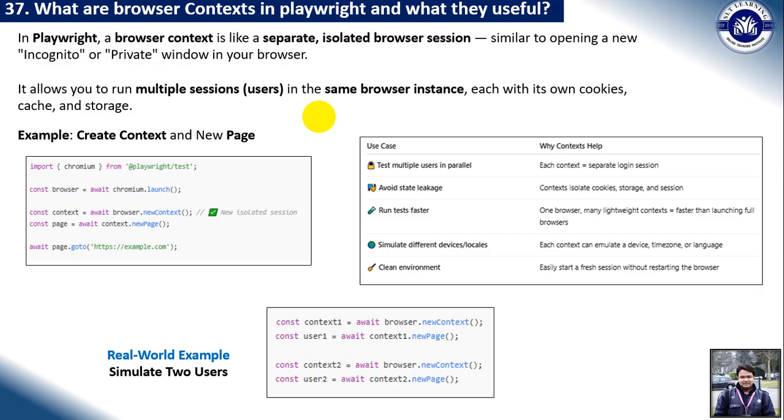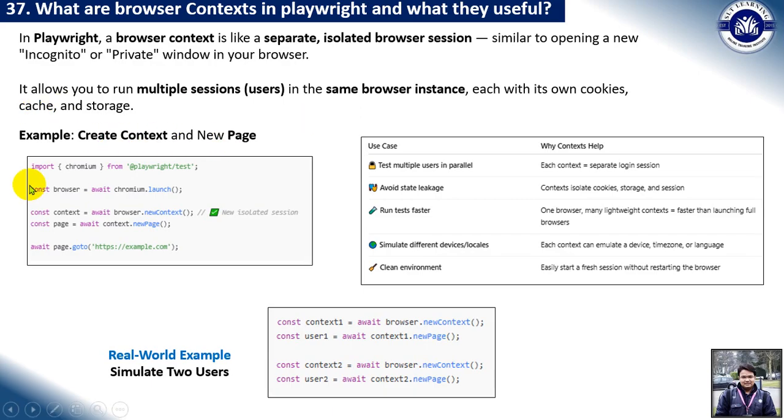Okay, so for an example of creating a context and page, we all know, first we import Chromium, then we need a browser, then from the browser we have a context, and from the context we have a page. When you call browser.new_context, it will create a new isolated session.